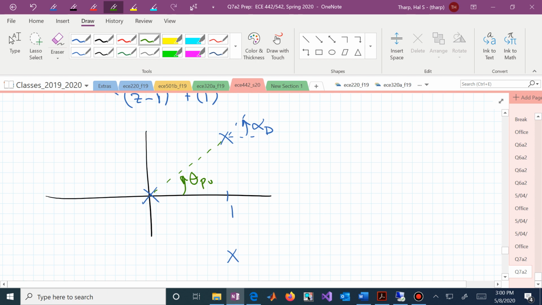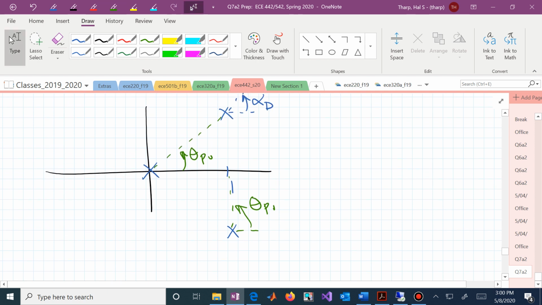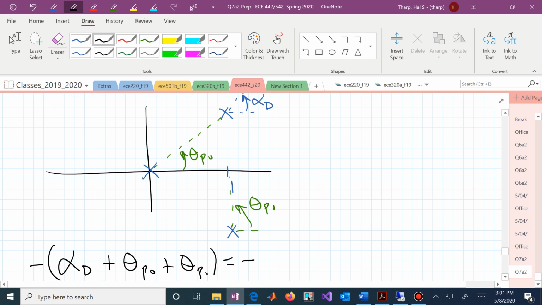We can measure this angle, and we can add in the alpha sub d. Our phase angle condition now says that alpha sub d, we don't have any zeros, so we have nothing, minus the sum of all of these pole angles equaling minus 180 degrees.